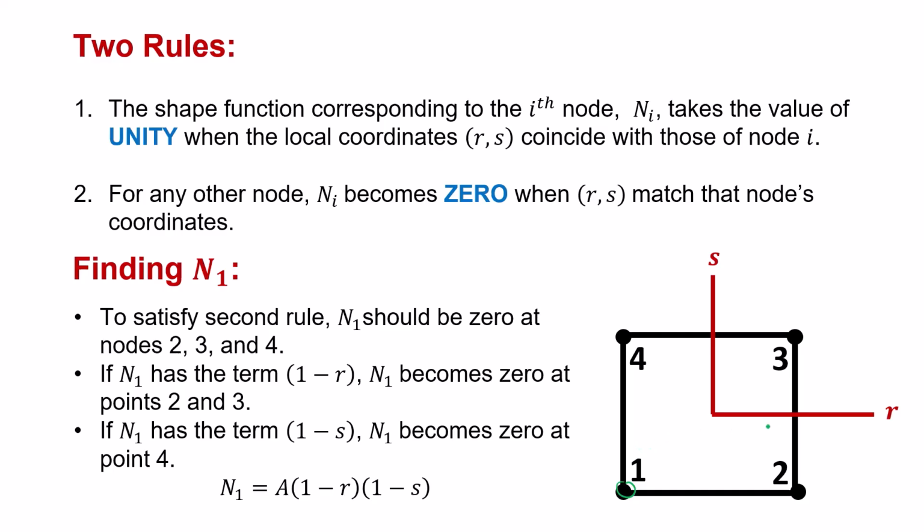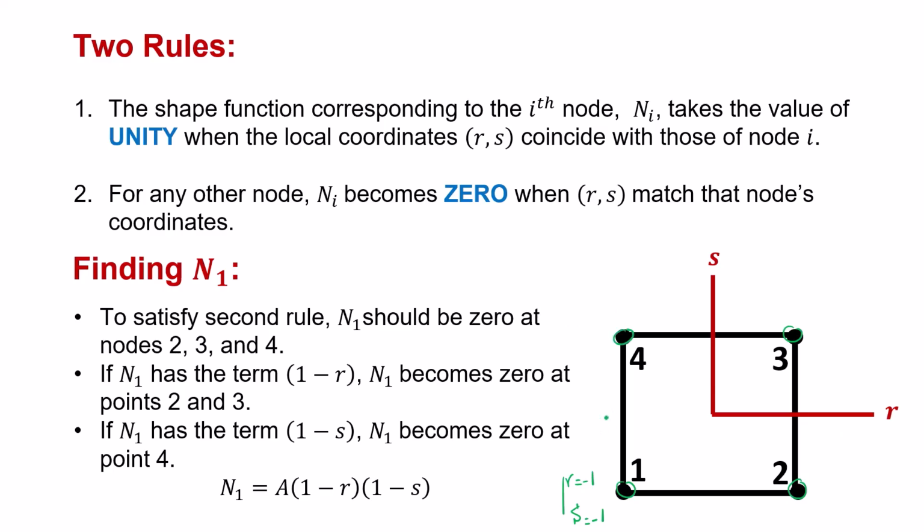Look at the square on the right. Node 1 is at the bottom left corner with coordinates r equal to -1 and s equal to -1. To satisfy the second rule, the shape function for node 1, which we call N1, must go to 0 at nodes 2, 3, and 4.